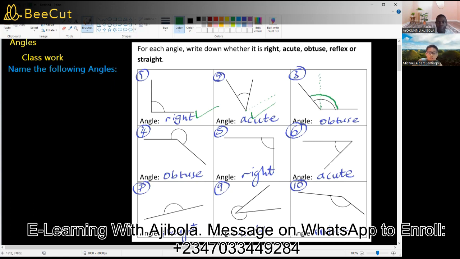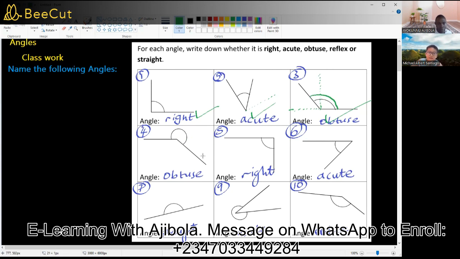And it must not be up to 180. This is the part of 180. Is that clear? But this one, if you look at the angle that we have, the angle is already bigger than 180. This is the line of 180, okay?